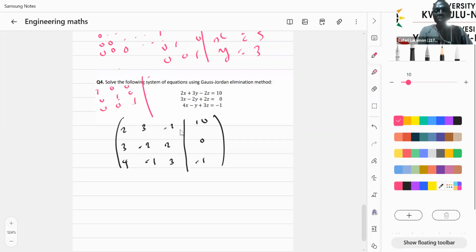First thing to do is to ensure that this is 1. How do you make this guy 1? If one of them was 1, you could just interchange, but it is not. Then how are you going to do that, anybody? I can just say my R1 divided by 2. If I divide all of them by 2, this is going to give me 1. Guys, I hope I'm communicating.